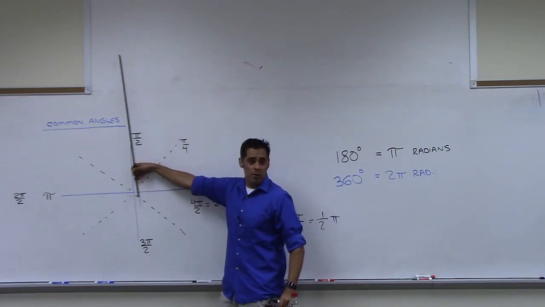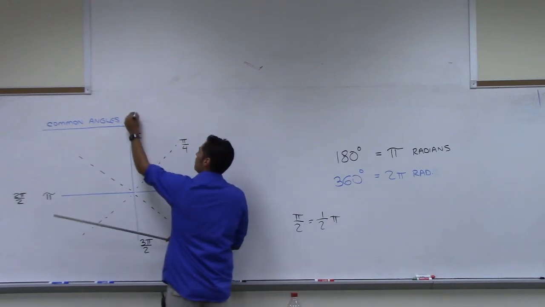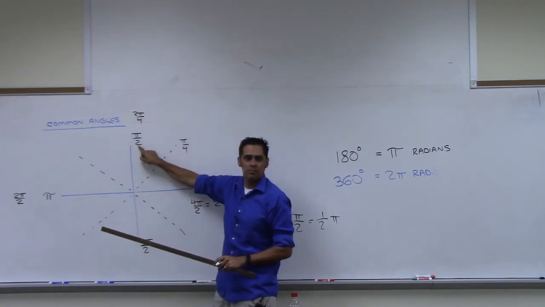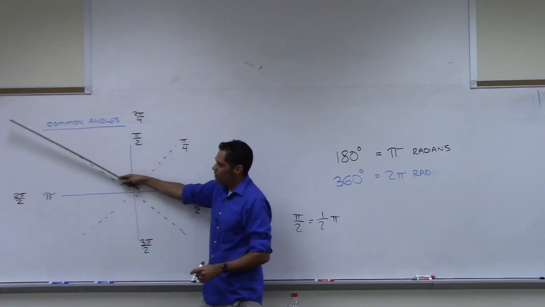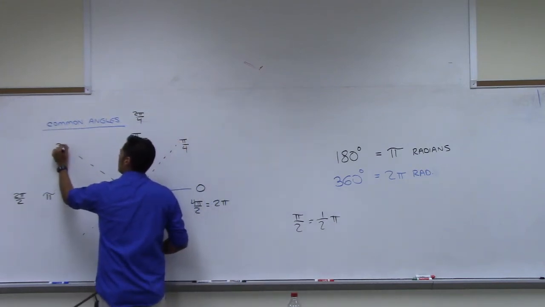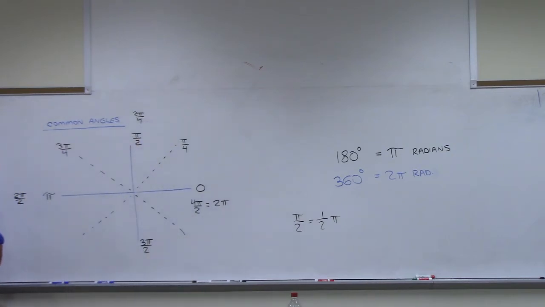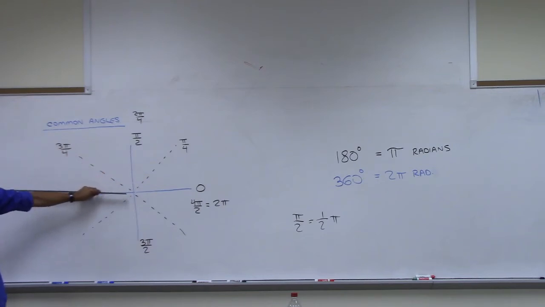2 pi over 4, right here. Now you don't need to write this down, but I just want you to see how this matches up. This is 2 pi over 4s. And if you reduce that fraction, you get this, don't you? Okay, so we're here. Next one, 3 pi over 4s. So I put 3 pi over 4, and that fraction does not reduce, right? 3 pi over 4 doesn't reduce. So we go another 45 degrees. Now we're at 4 pi over 4.